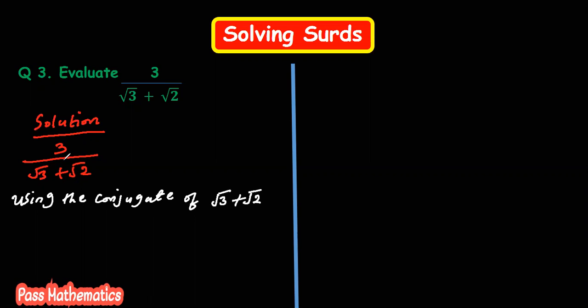So this means that 3 over root 3 plus root 2 times the conjugate of root 3 plus root 2, which will be root 3 minus root 2, and then we're going to multiply it.